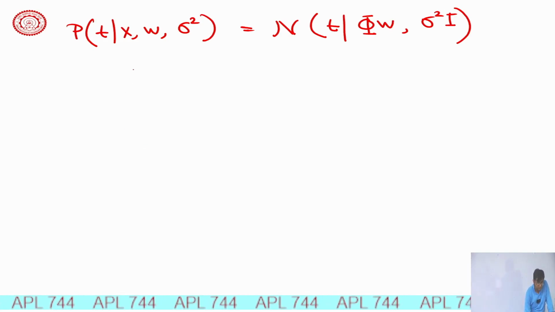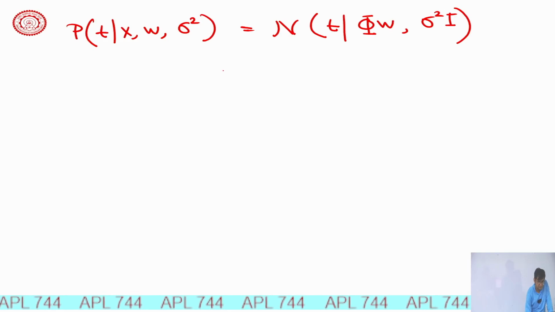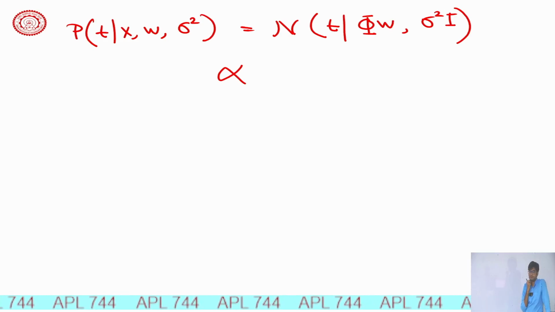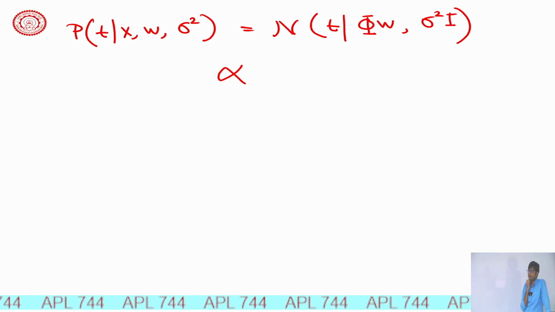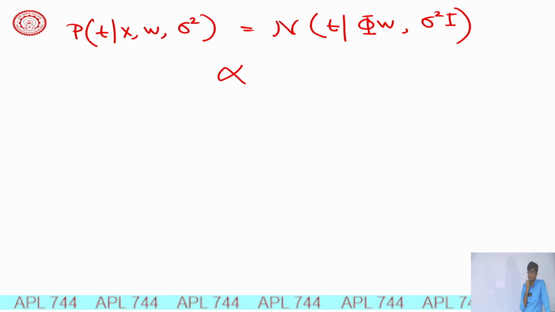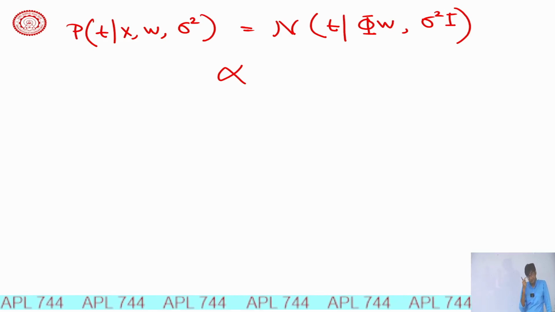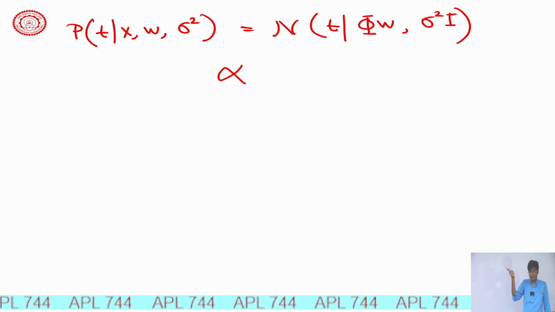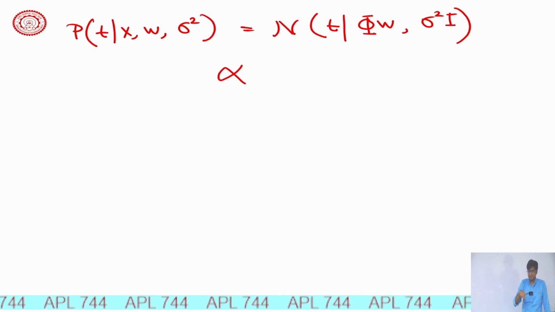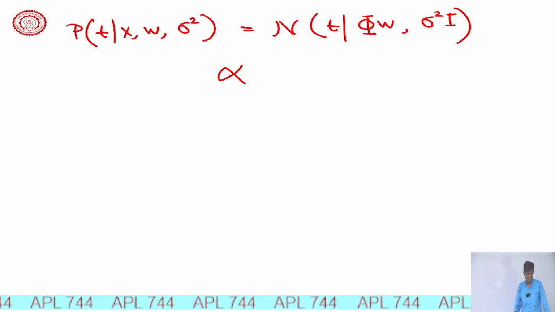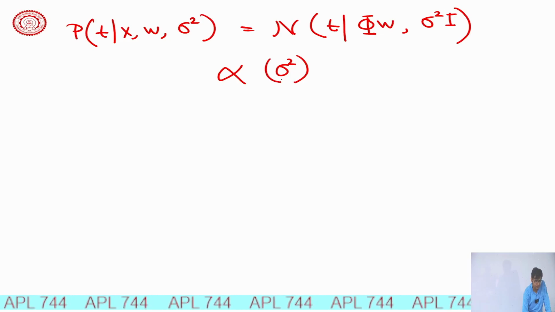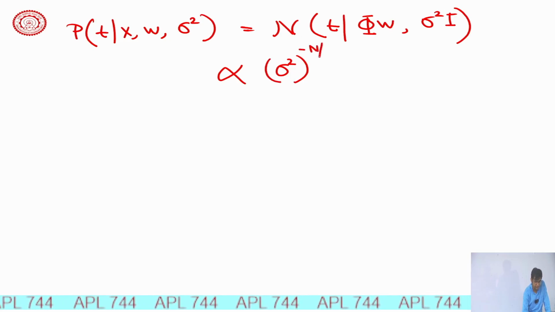Now, which is proportional to? Can you tell me what I should write now? What does the multivariate Gaussian look like? It has 1 by sigma square to the power n by 2, so sigma square to the power minus n by 2. That comes from the determinant of sigma square I. If you take the determinant of a diagonal matrix, it is a product. So, this is proportional to sigma square to the power minus n by 2.